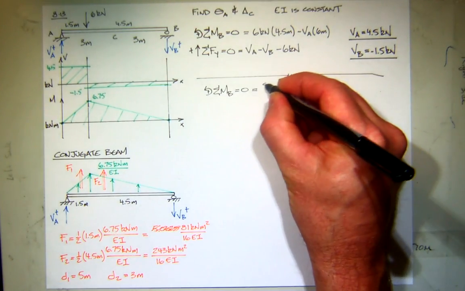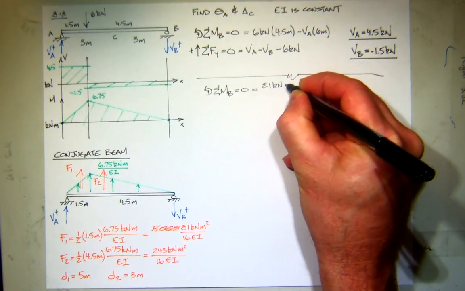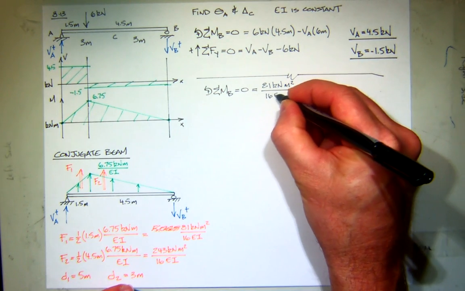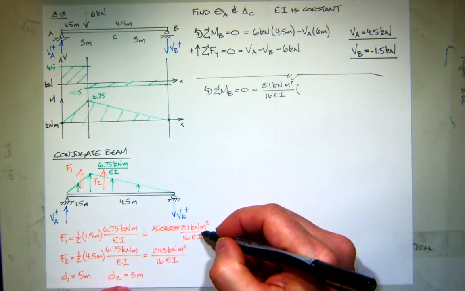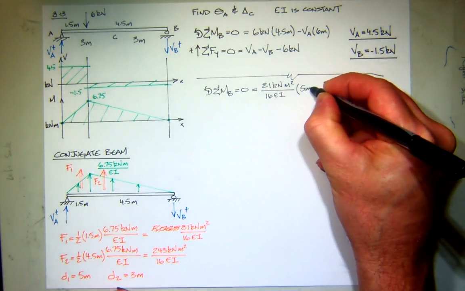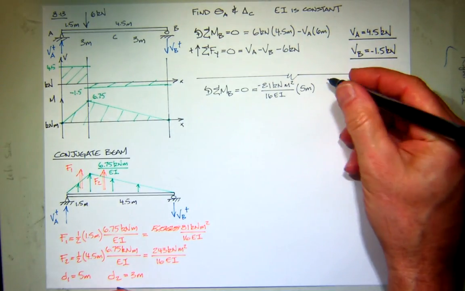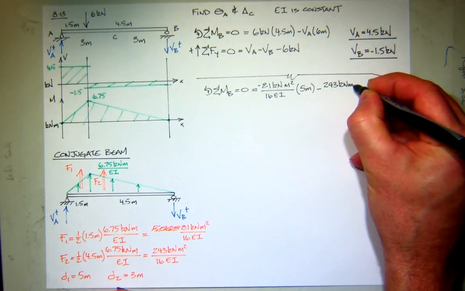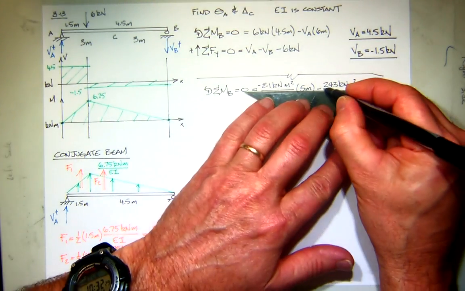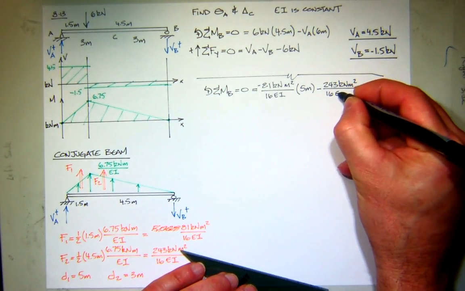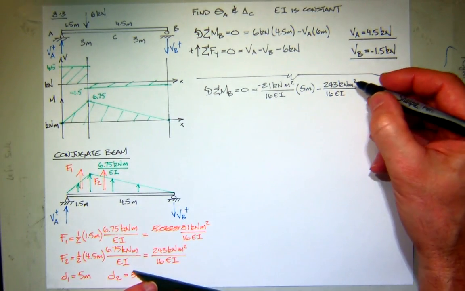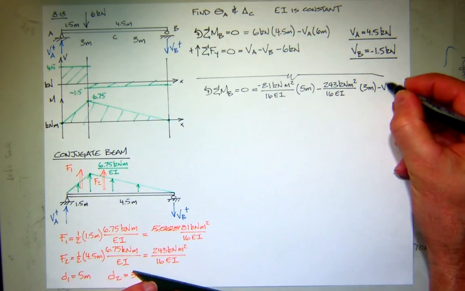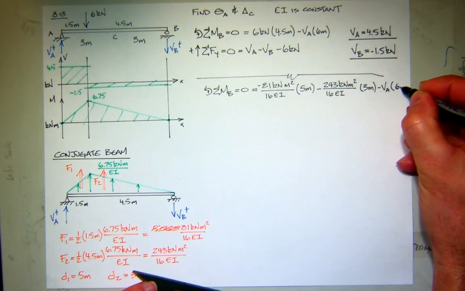So F1 is going to be 81 kilonewton meters squared divided by 16 EI, and that'll have a distance of 5, and that should be negative, minus 243 kilonewton meters squared divided by 16 EI, and that's F2, and that'll have a moment arm of 3, and then the shear at A with a moment arm of 6.